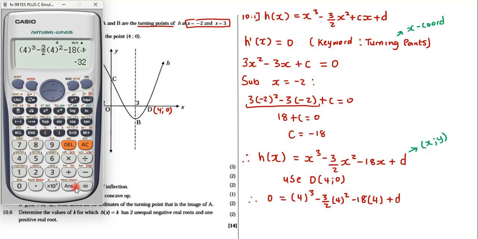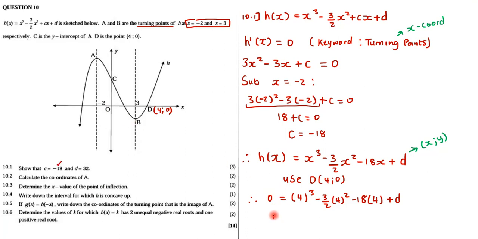You see here it gives me minus 32, so I then have 0 equals minus 32 plus d. Then I'll take the 32 across, therefore d is going to be equal to 32. And that is how we find the value of c and the value of d.